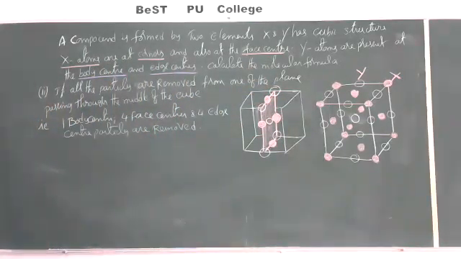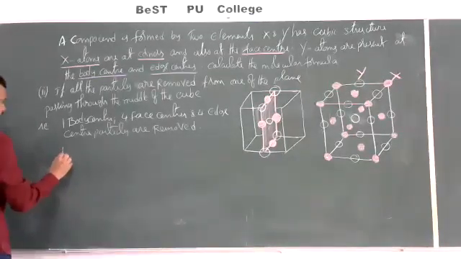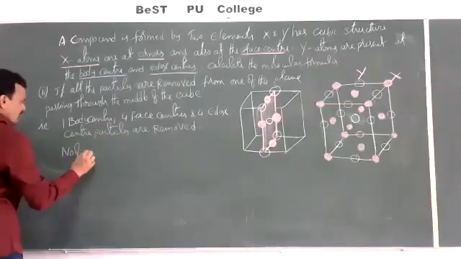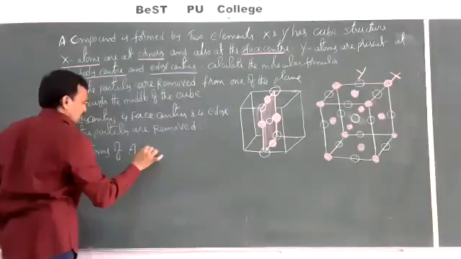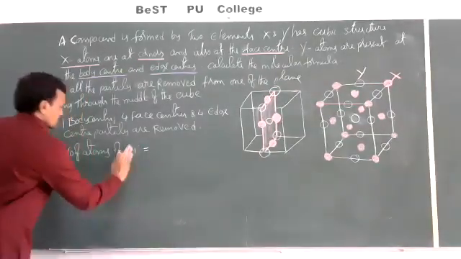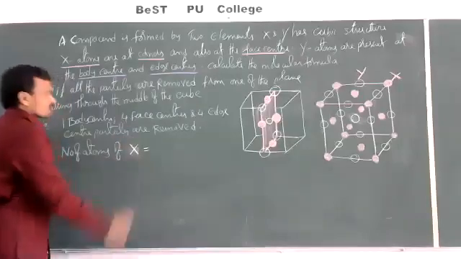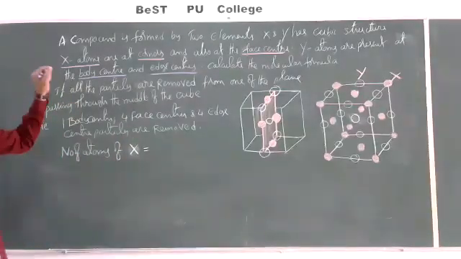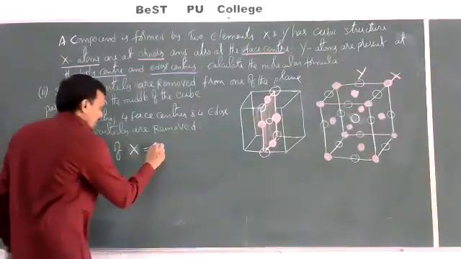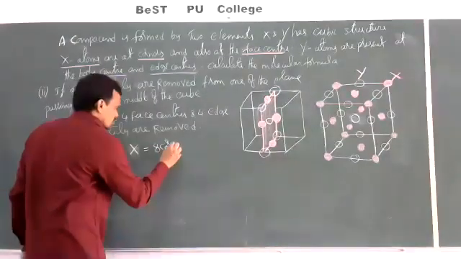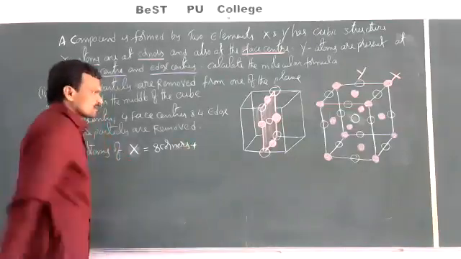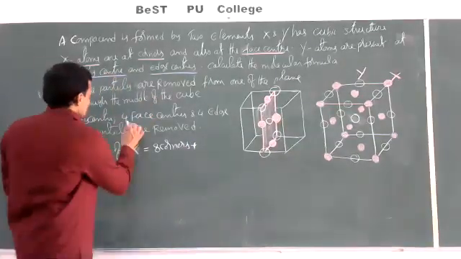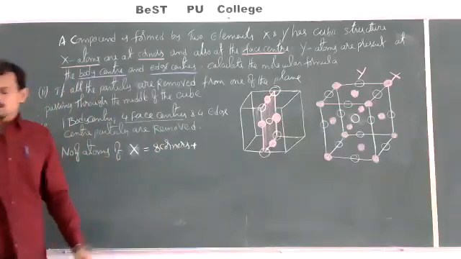Now let us calculate the contribution of the particles. Now, therefore, number of atoms of A, not A, X, sorry. Number of atoms of X. So 8 corners are present as it is. No corner particle is removed. 8 corners plus, out of 6 face centers, 4 face center particles are removed.